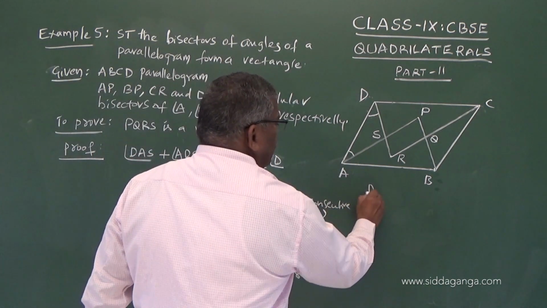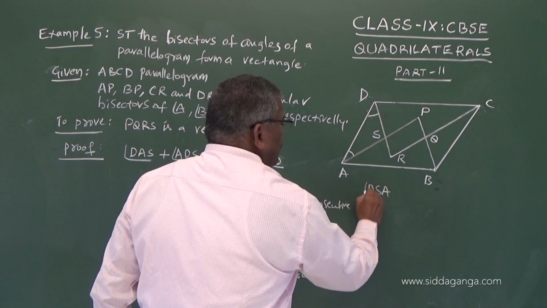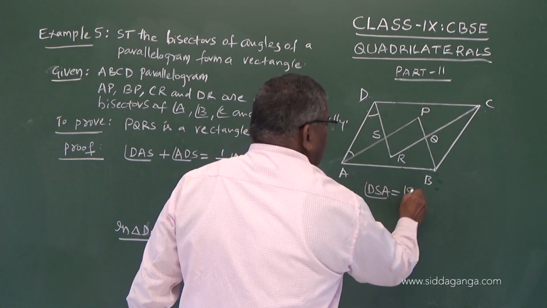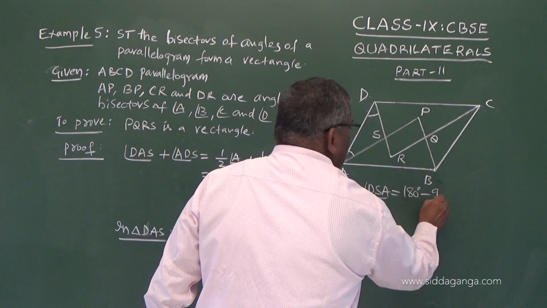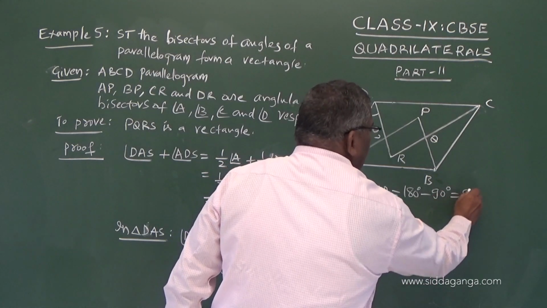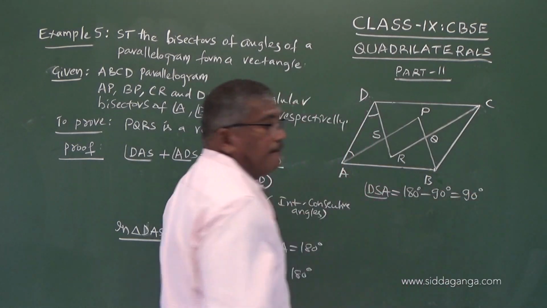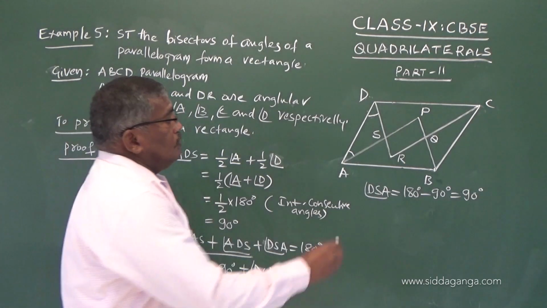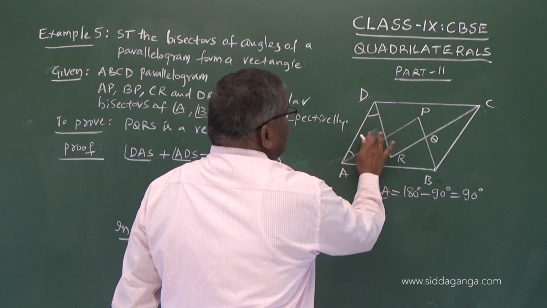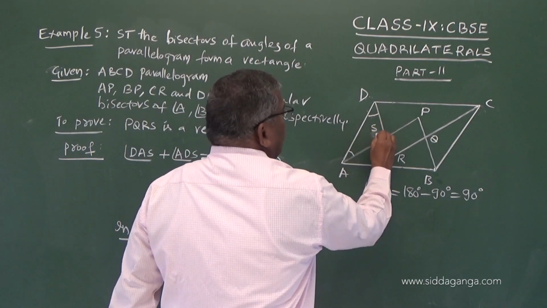Therefore DSA equals 180 minus 90, which is 90 degrees.